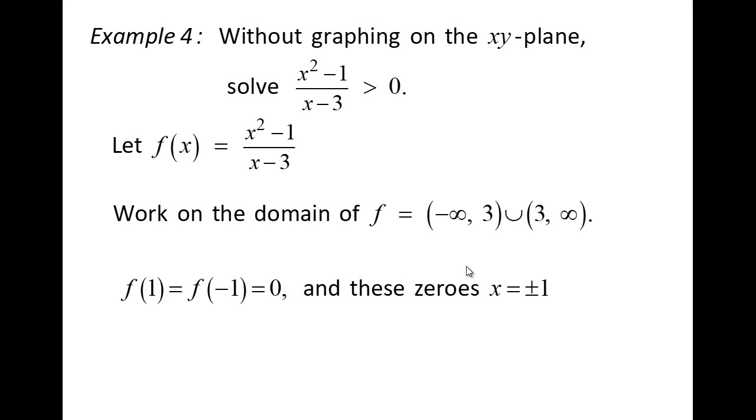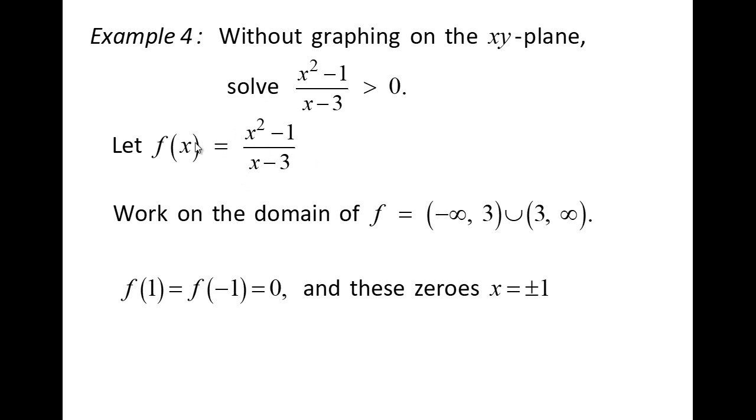And then let's notice that the function f would be 0 wherever the numerator would be. So if I have a fraction, the fraction is 0 when the numerator is 0. So the numerator here is 0 when x is plus or minus 1.